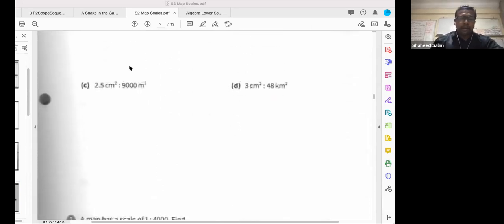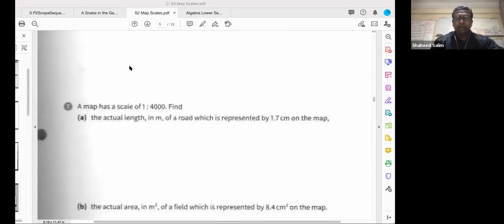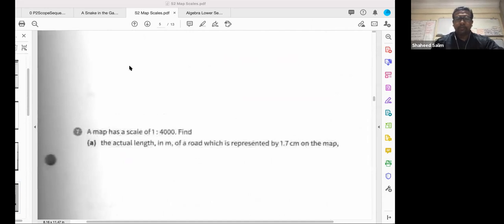Now area already. Okay, we try this one now. This one is not yet area, still length. You can do it like that. 1 cm is to how many meters? Now it is cm to cm. Make it to meters first.